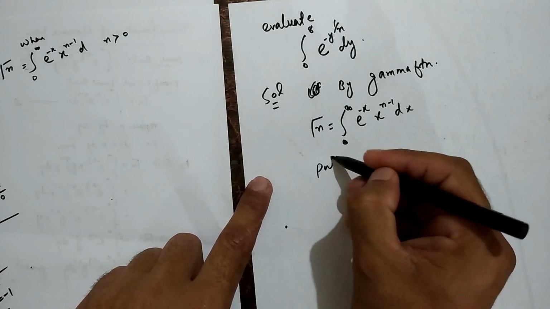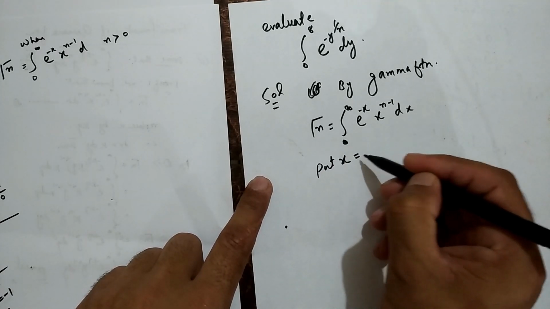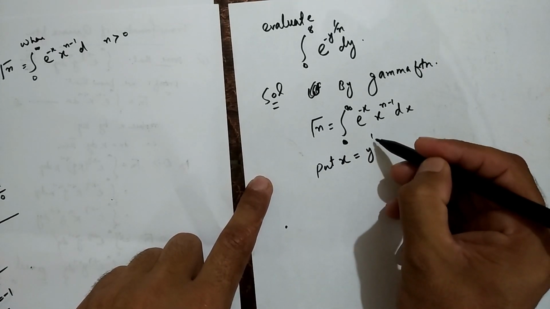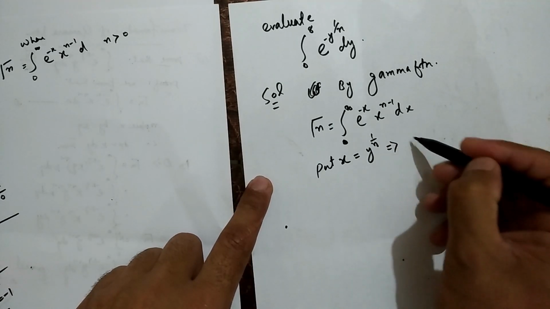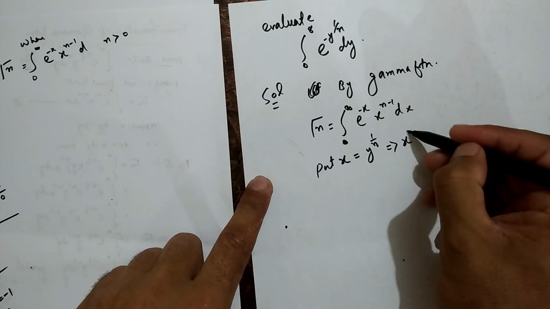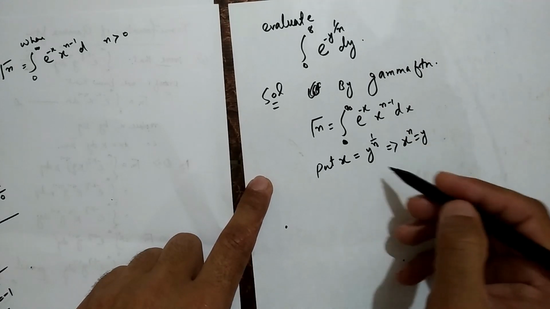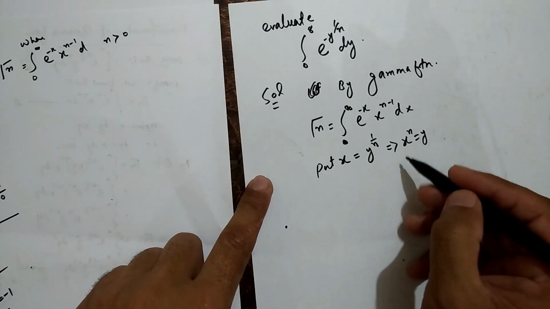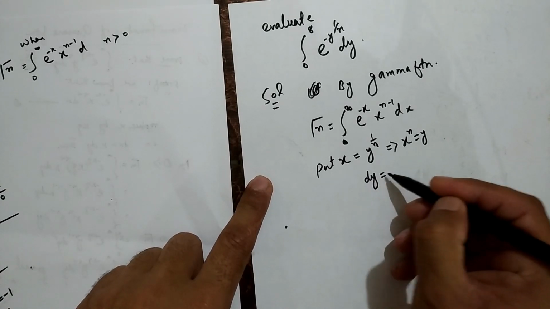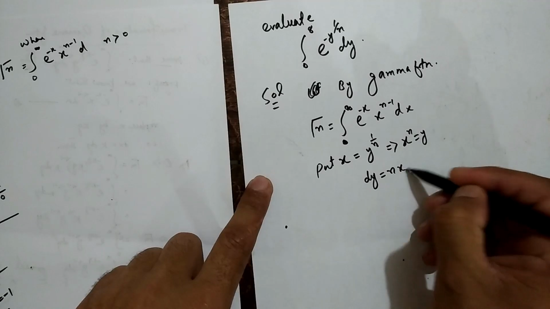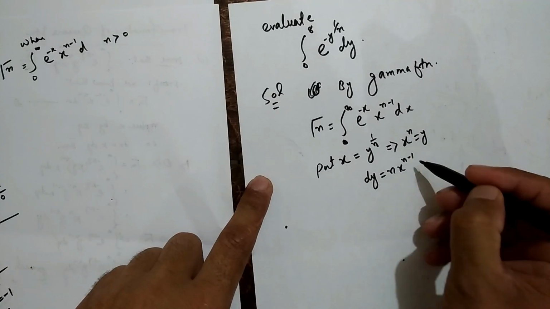Put x equal to y to the power 1 over n. This implies that x to the power n will be equal to y, and then take the derivative: dy will be equal to n x to the power n minus 1 dx.